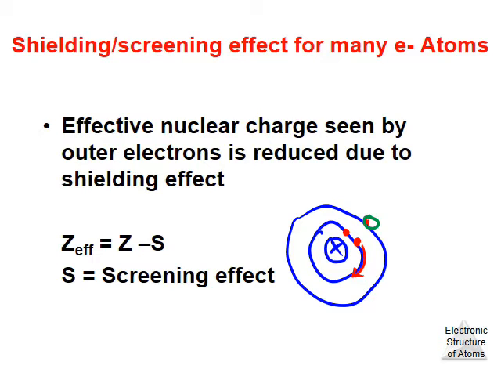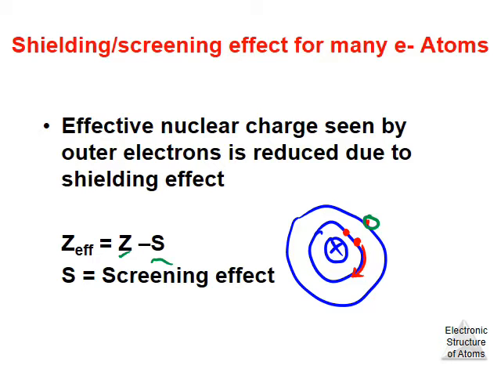Just like on a cloudy day, if there's a cloud in between you and the sun, then you're not going to see the sunlight. So much of the sunlight would be covered by the cloud. So it is like a screening effect or shielding effect. In this case, S represents the screening effect, and Z is the atomic number, or number of protons in the nucleus.